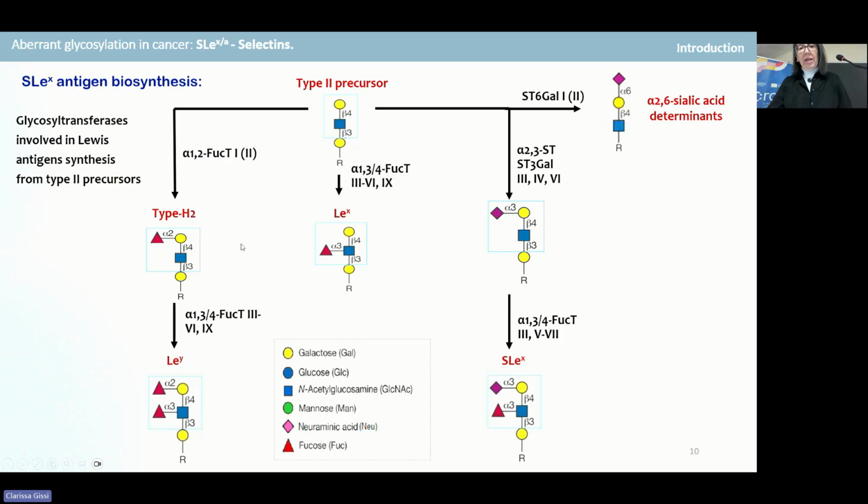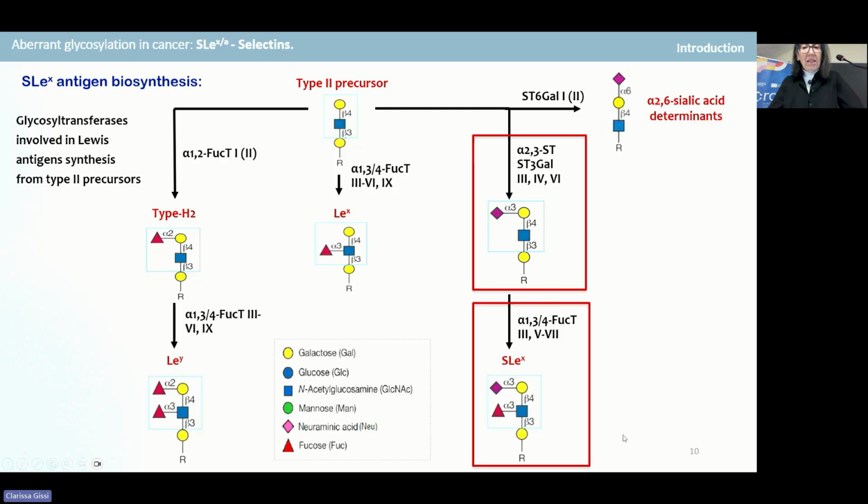As with other types of Lewis antigens, it starts from this type 2 precursor, and in order to get the sialyl-Lewis antigen, first this type 2 precursor has to be sialylated by these alpha 2,3 sialyltransferases, in particular the ones that are ST3GAL 3, 4, and 6. And after that, there are fucosyltransferases that give rise to this antigen, sialyl-Lewis X antigen.